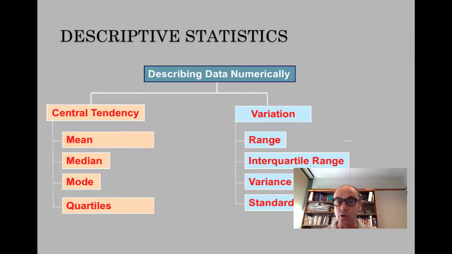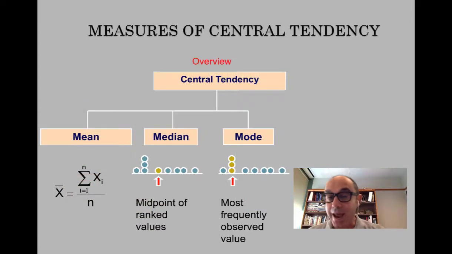In central tendency, we are going to cover mean, median, and mode. In variation, we are going to talk about range, interquartile range, variance, and standard deviation. Again, I hope you are familiar with those terms. I will try my best to go over them in a more common-sense way and apply that in R at the end of the module.